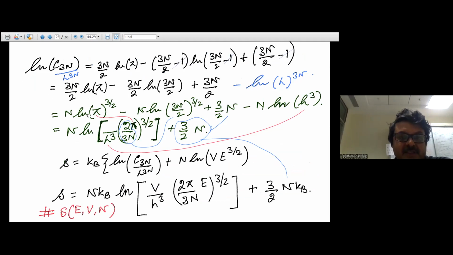So basically, this pi comes here. This 3n by 2, right? This had the power 3 by 2, and it comes with a minus sign. So it is basically 2 by 3n from here, right? And this h cube sits here.